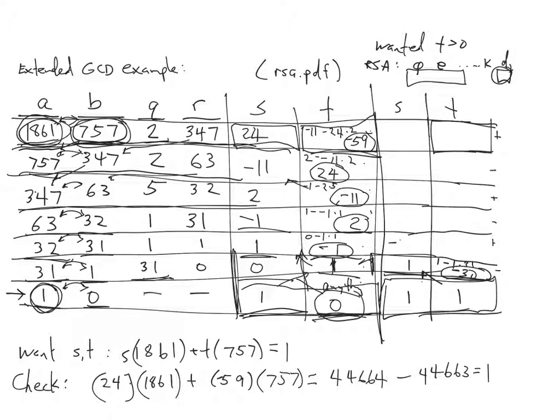So this will then be minus 30, and this will be 1 minus 30 times the q, which is 1, so it'll be 31. And let me just check that. So 32 times 30 is 960, and 31 times 31 is 961. So that works out. Okay, now we get 31, and here we get minus 30 minus 1 times 31.